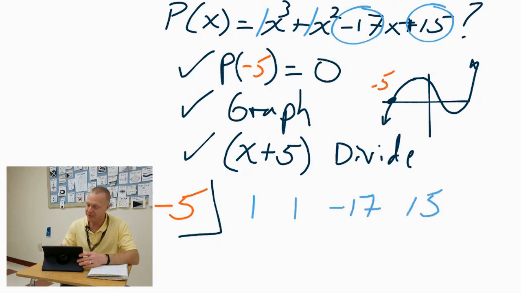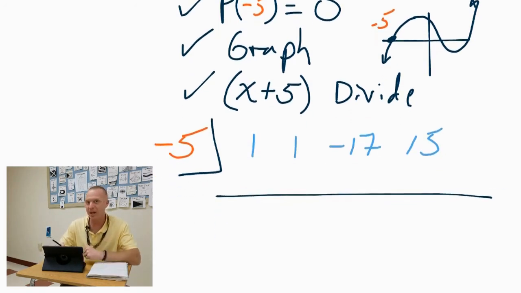And we have ourselves set up nicely for a process that kids tend to remember and like to use. Why don't we go through that, and then I'll tell you what tool this is. Do you remember, you bring down the 1, and the process begins by multiplying. You multiply these numbers together, and we record that value in the second line.